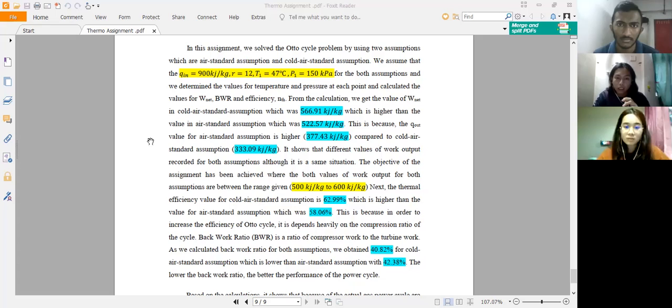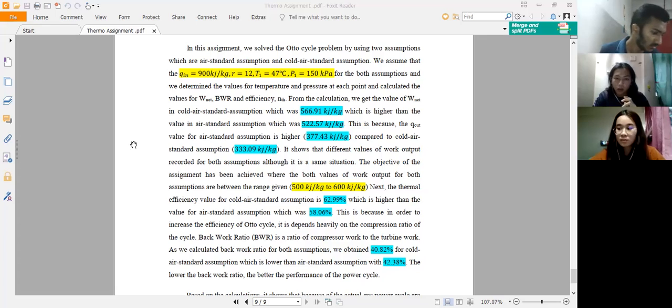So from the calculation that we made, work net in cold air standard assumption is 566.91 kilojoules per kilogram, which is higher than air standard assumption, which is 522.57 kilojoules per kilogram. This is because the calculations show that the Q out value for the air standard assumption was 377.43 kilojoules per kilogram, while the cold air standard assumption was 333.09 kilojoules per kilogram.